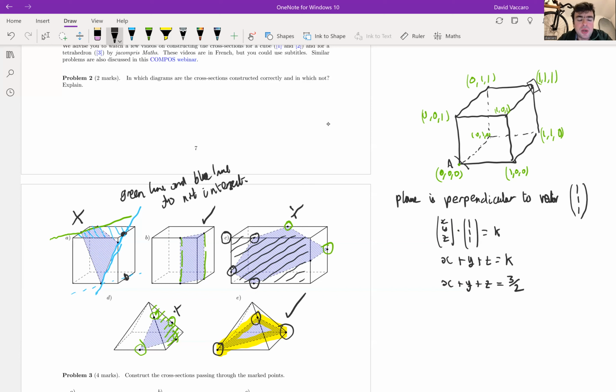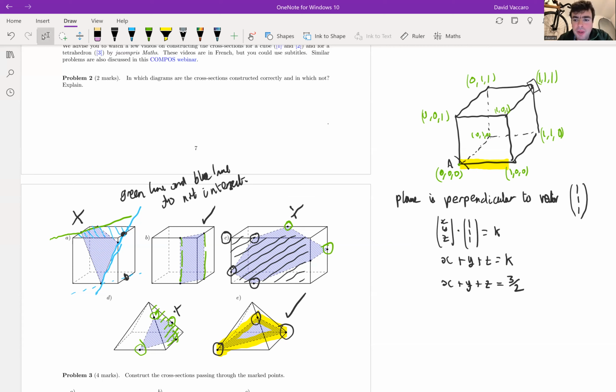Okay, so what we want to look at now is when this meets each of the different edges. Now, an edge, let's think about the different edges. So this edge here has got the property that the x coordinate is changing and the y coordinate and z coordinate are both equal to 0.